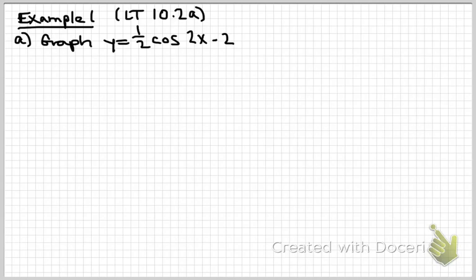So now let's look at an example where we use this translation either vertically or horizontally. This is learning target 10.2a, being able to graph something that has a vertical and horizontal translation. This one says to graph y equals 1/2 cosine of 2x minus 2.